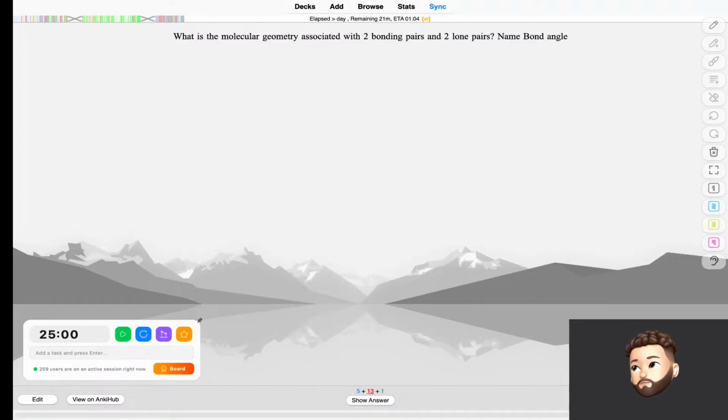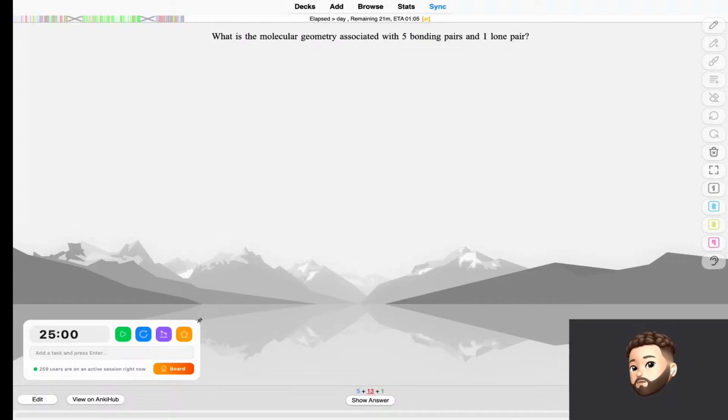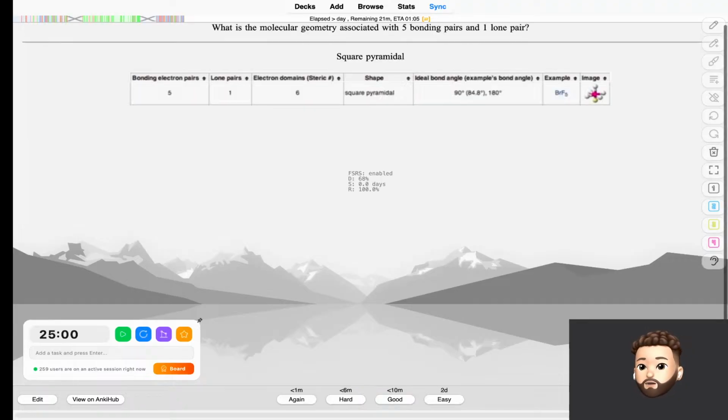Bent, 104.5. Five bonding pairs and one lone pair. Square pyramidal is going to be 90 and 180.